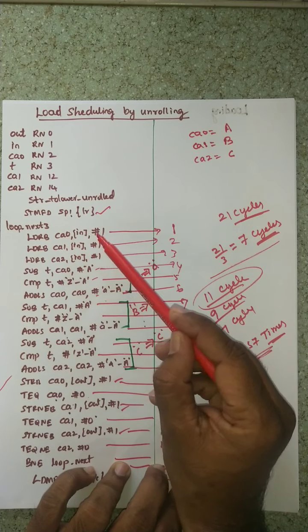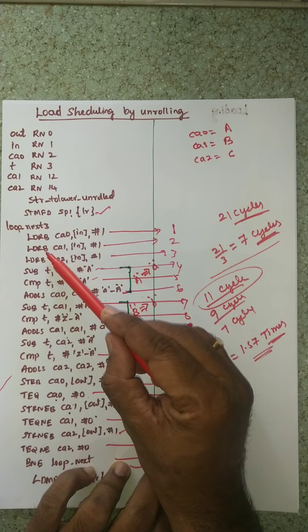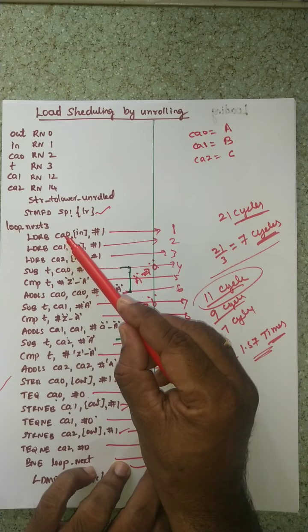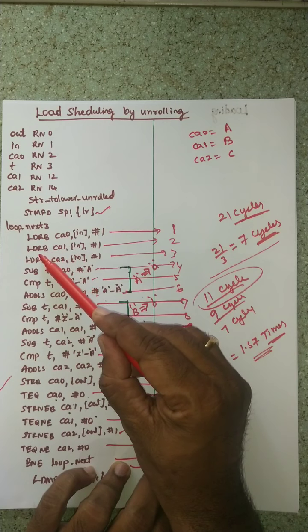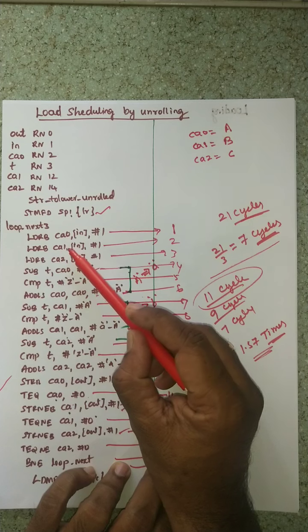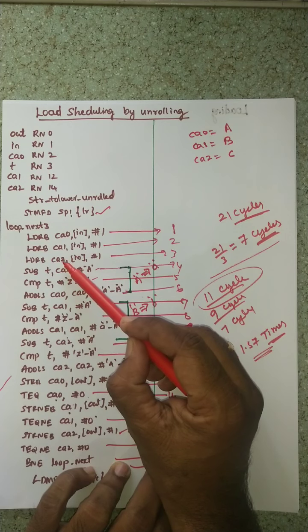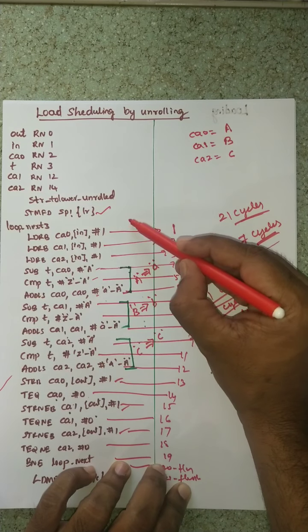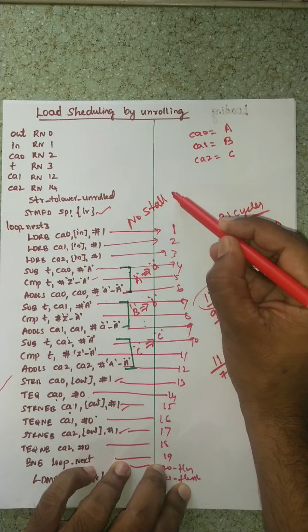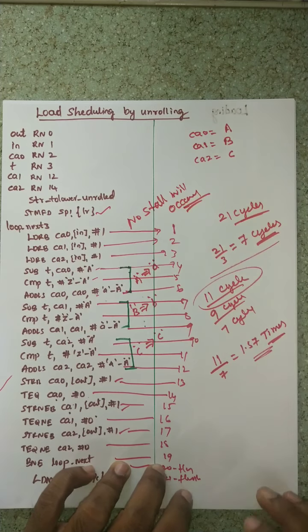It is because the LDRB of one instruction and the next LDRB do not use the same register: ca0 is not used in the next LDRB, and ca1 is independent of the following LDRB. So no stalls will occur.